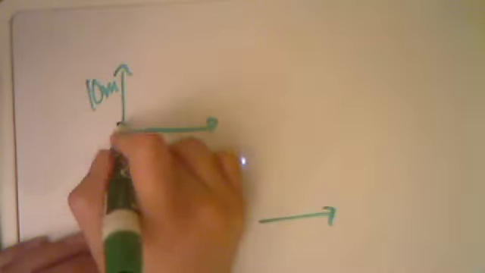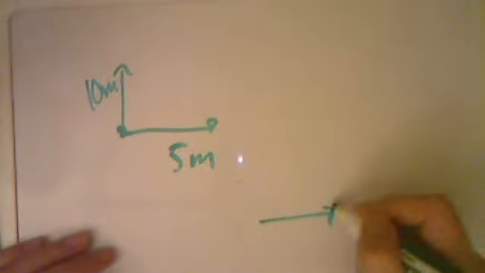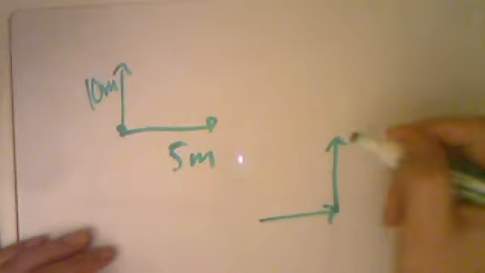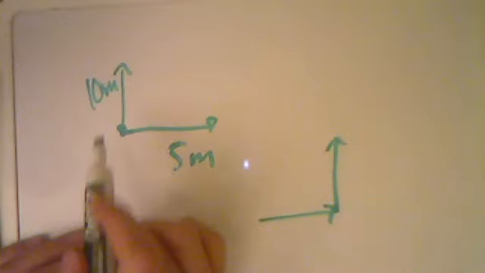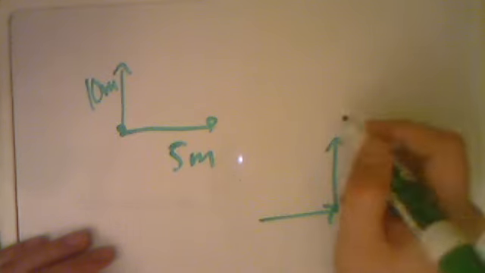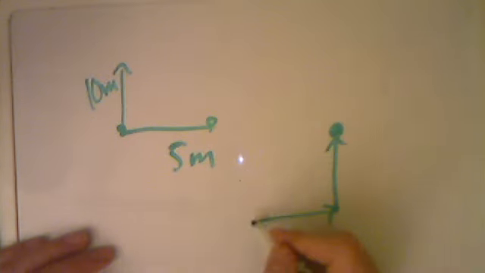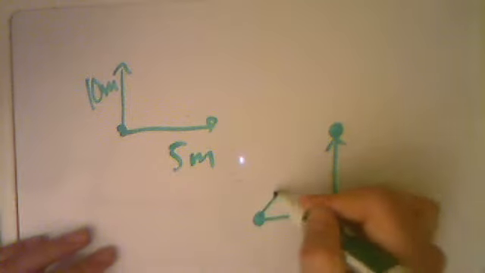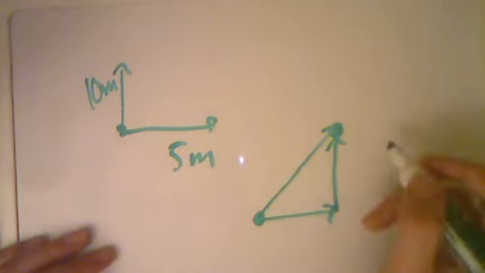We put the butt of it onto the head, and copy that same vector over. Now I check that I don't have any other vectors to add, and since I don't, I mark this as the final position and this as the initial position, and then draw a vector from initial to final.